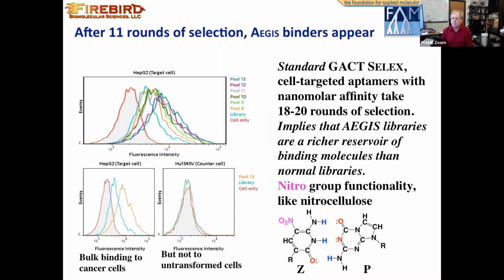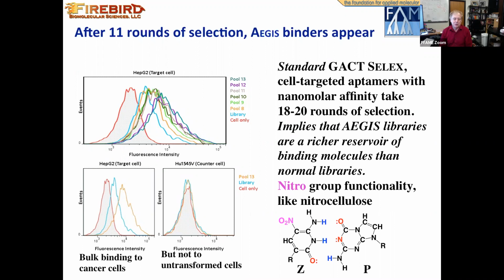So this implies that a 6-letter Aegis library is a richer reservoir of binding molecules than normal libraries. That's actually hard to quantitate, but the idea here is that nitro group functionality is sort of like a universal low-affinity binder. So it's like nitrocellulose, where lots and lots of proteins will stick to it, not for any good reason. But never mind, you can see these plots.